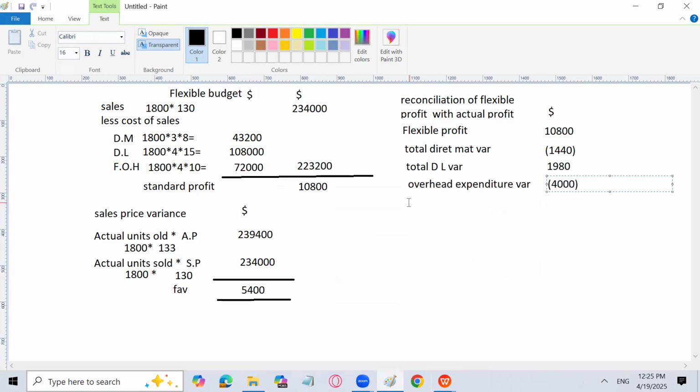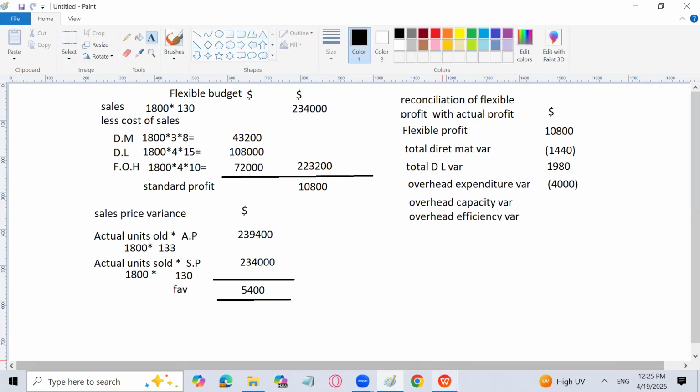Then we will write overhead volume variance, but here overhead volume variance directly is not given. We have been given overhead capacity variance separately and overhead efficiency variance separately. The sum of efficiency and capacity will be our overhead volume variance.